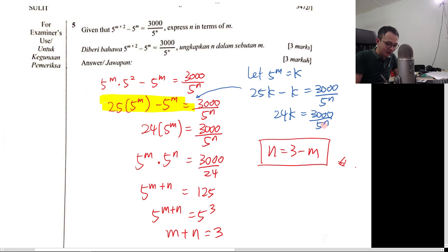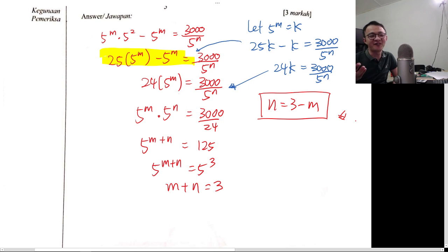Then you substitute back k equals 5 power of m, and you will get exactly the same equation as mine. I hope you can get the answer. Or you can factorize out 5 power of m, which is a good idea.